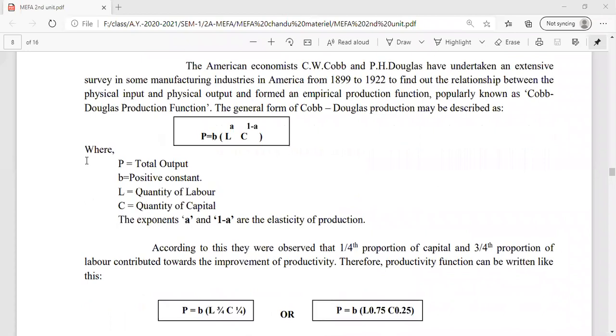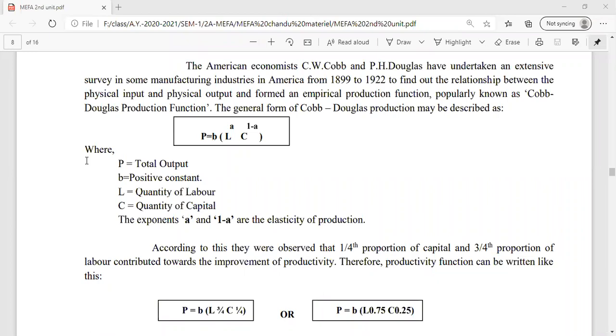The Cobb-Douglas production function is to improve the number of units. So if I want to improve my production, that means to improve my productivity by 100%, what do I have to do?